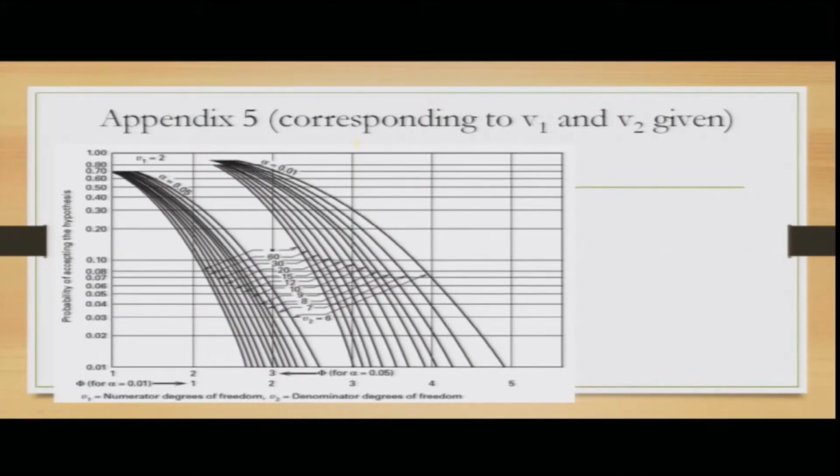The first set, which I will just highlight, are the curves of probability of accepting the hypothesis with respect to the capital phi value for alpha equal to 0.05. This is with the values for alpha equal to 0.01, and you can find out the values of probability of accepting with respect to capital phi.